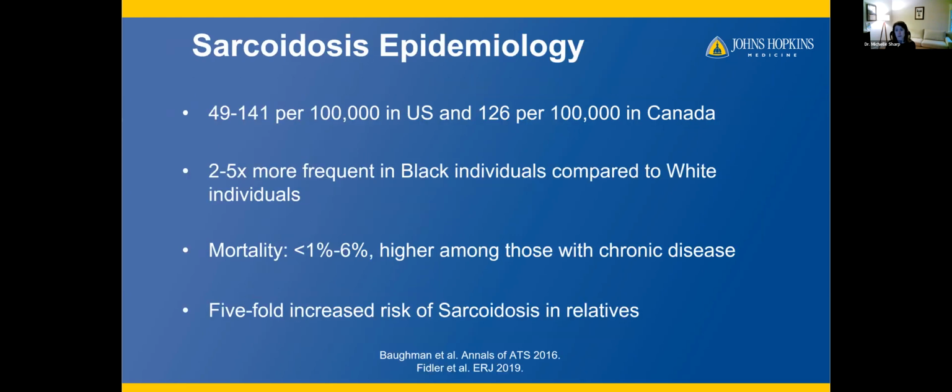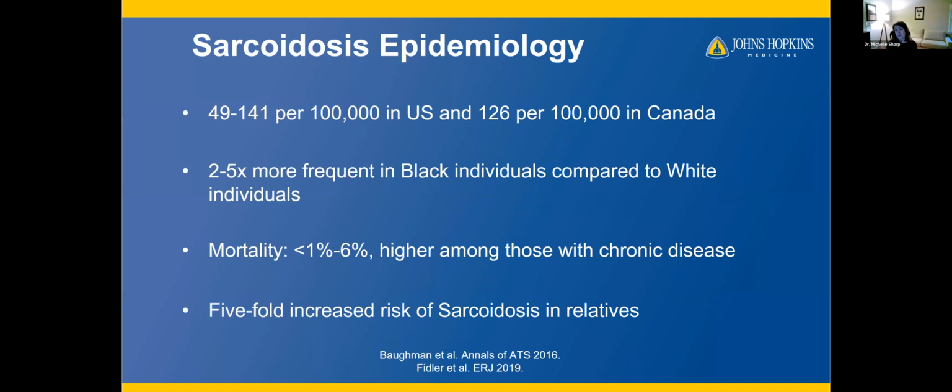Let's talk a little bit about sarcoidosis epidemiology. I will say this with a caveat: we don't know 100% the true epidemiology in the United States. Given our healthcare system, it's challenging to know exact numbers, but there's a range from 49 to 141 per 100,000. In Canada, where there's a national healthcare system, they reported in the literature 126 per 100,000 individuals.